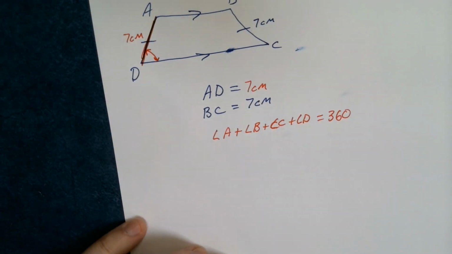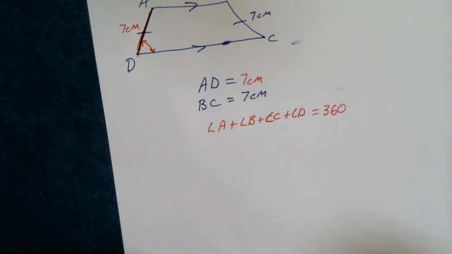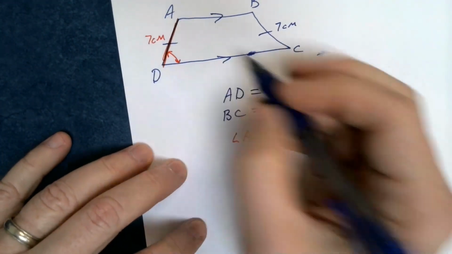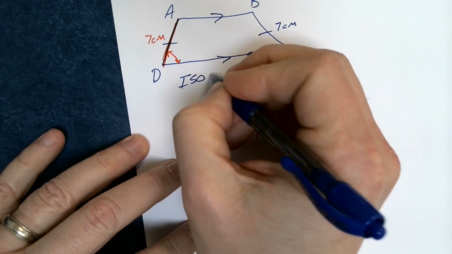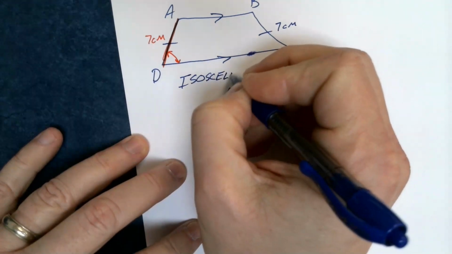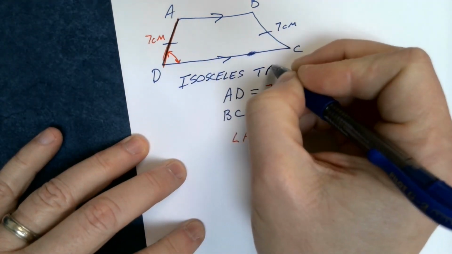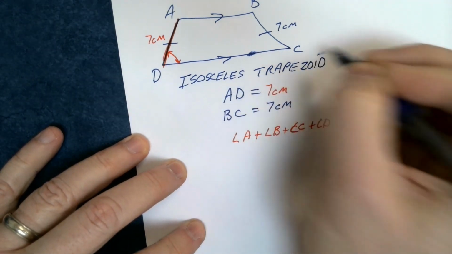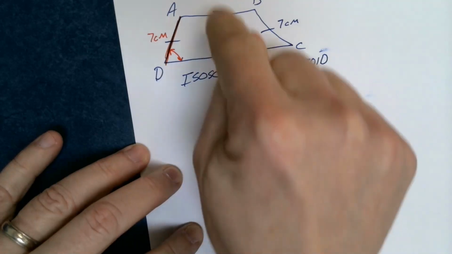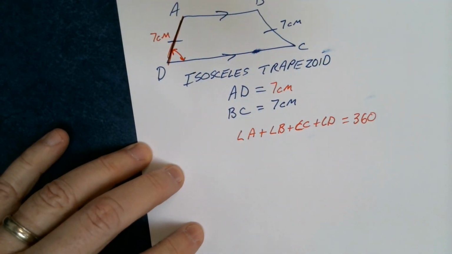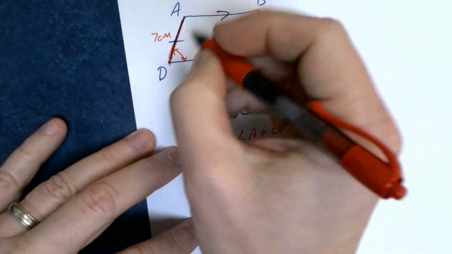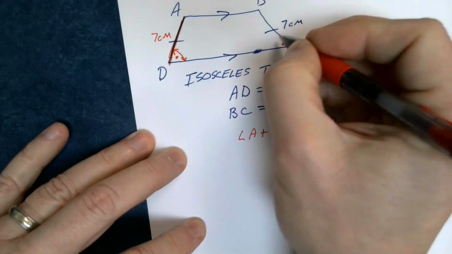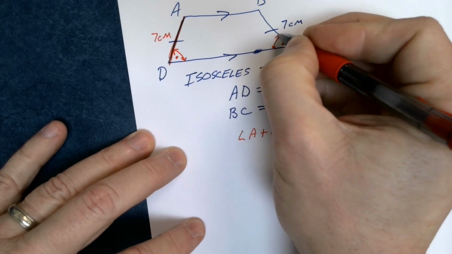Now, on different quadrilaterals, there are different properties that exist. So for instance, this one is called an isosceles trapezoid. If those two sides are equal, like that, and these two sides are parallel, then we know that this angle right here, D, I'm going to put a little red dot, and this angle, C, a little red dot.